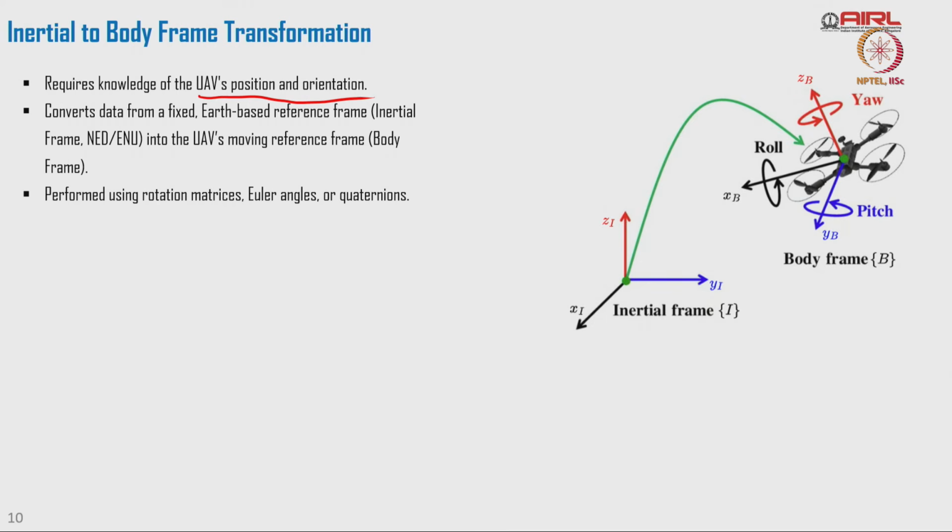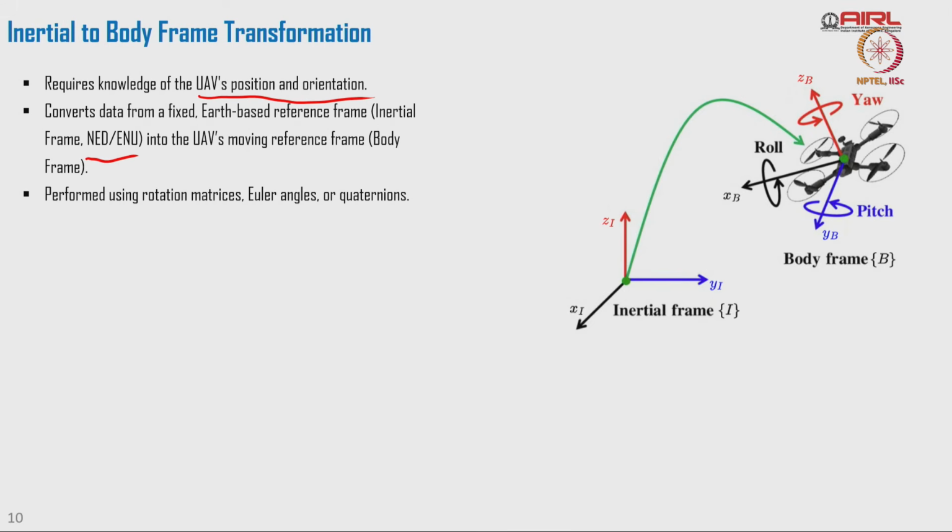What I have to do is convert from the inertial frame of reference, which is my position. It is all expressed in terms of the global frame of reference, either NED or ENU. NED is most preferred, so here we will use NED alone. I have to transfer the positions from the NED frame to the moving frame, which is the body frame.